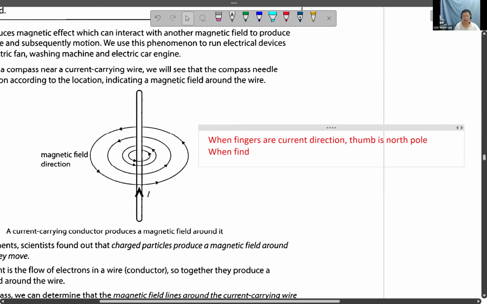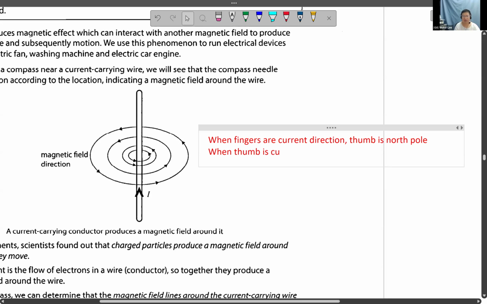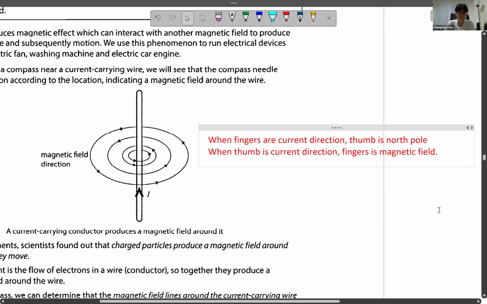Now, when it is one finger only, when the thumb is the current direction, then the fingers are the magnetic field. Do you realize it's the opposite?